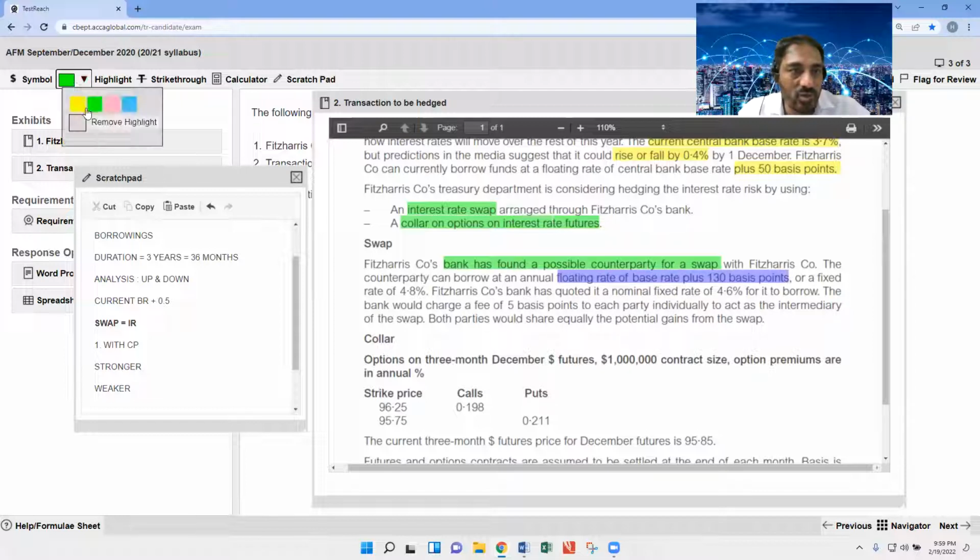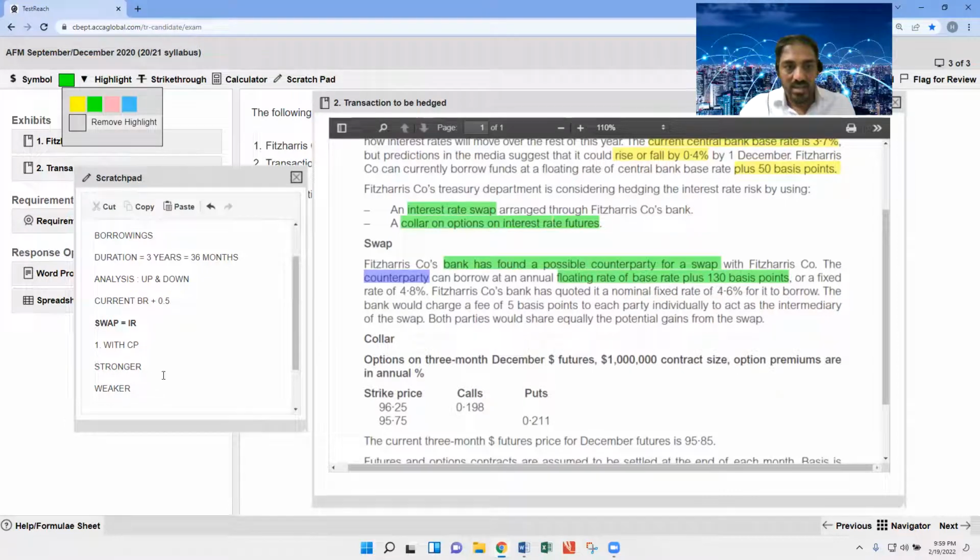What do you say? We can arrange a borrowing rate of currently floating plus 0.5, but the counterparty can take floating plus 130 basis points. So do reply to me: who is stronger with the credit rating?